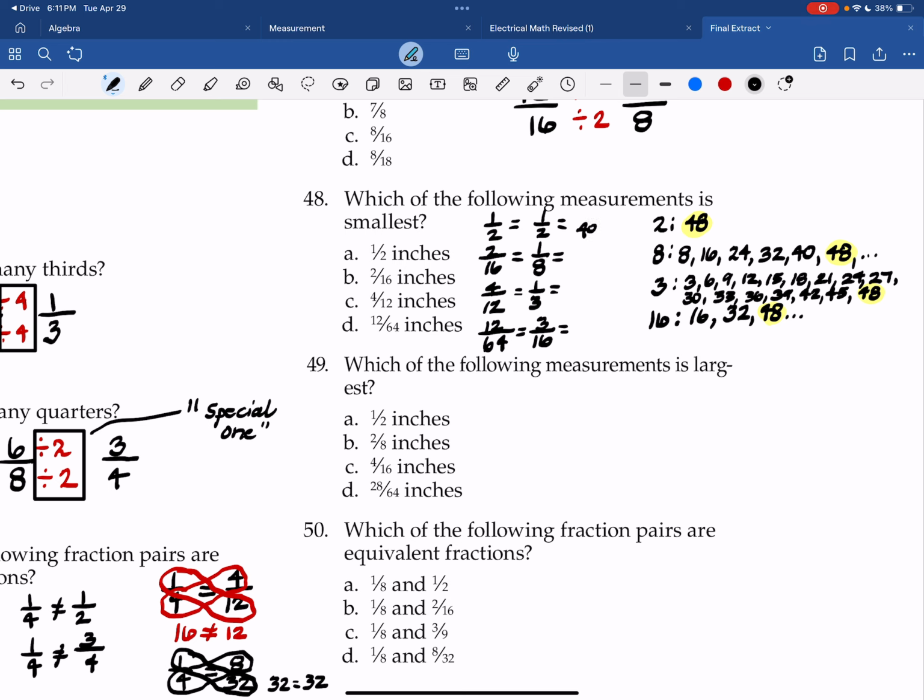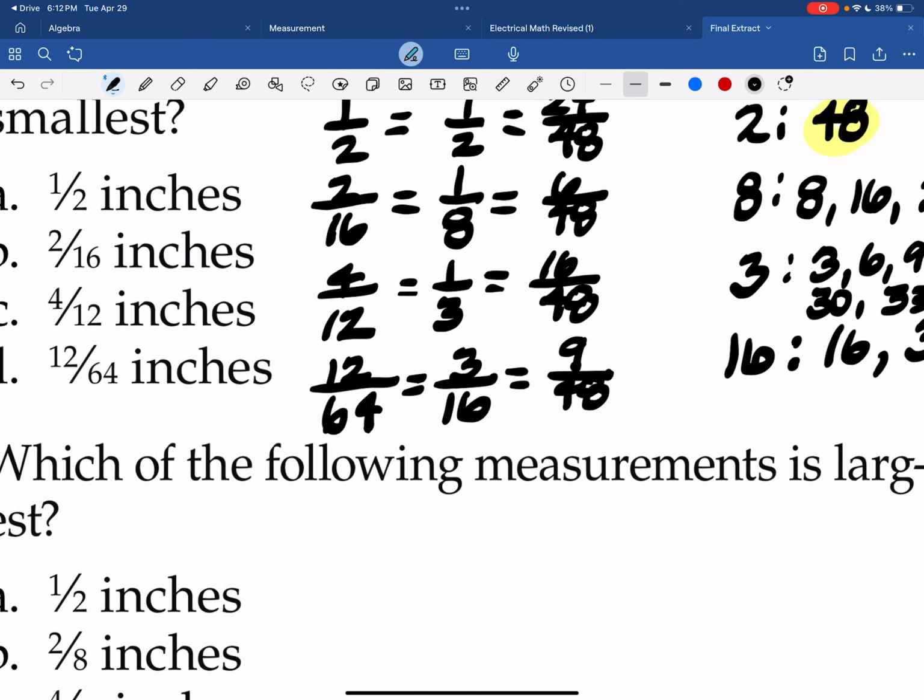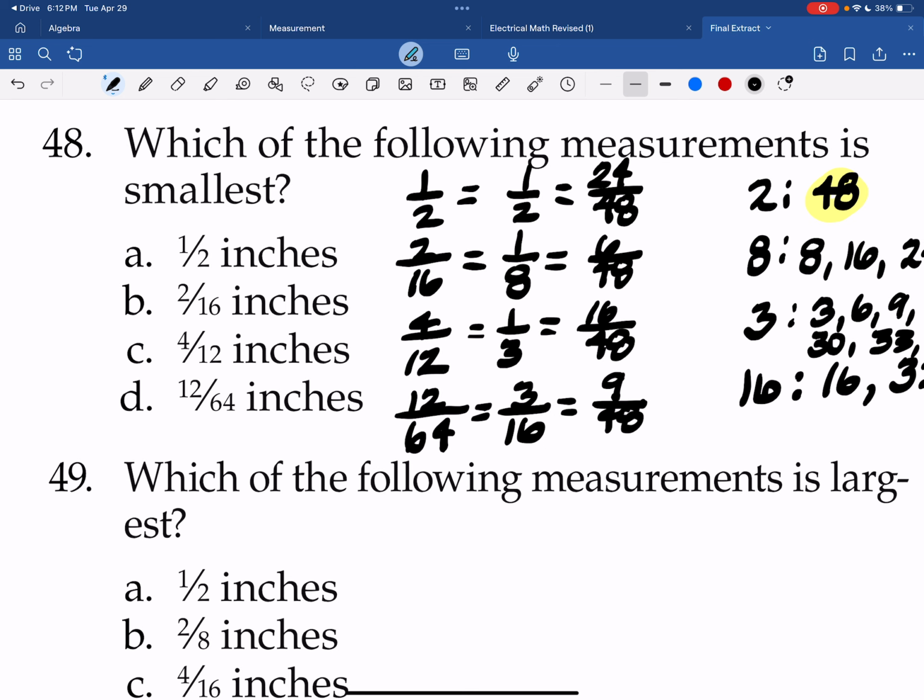I'm going to show you my way, but this is the way I should be showing you. 16 into 48 goes 3 times. 3 3s are 9. 3 into 48 goes 16 times, so 16 on top. 8 into 48 goes 6 times. And 2 into 48 goes 24 times. We're looking for the smallest one. And so that's going to be 2/16.